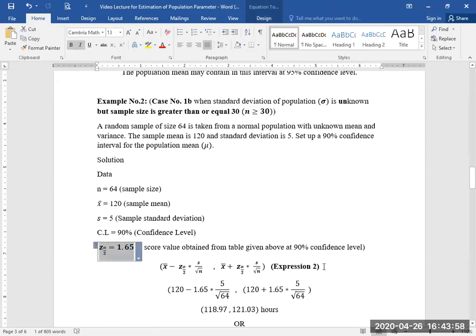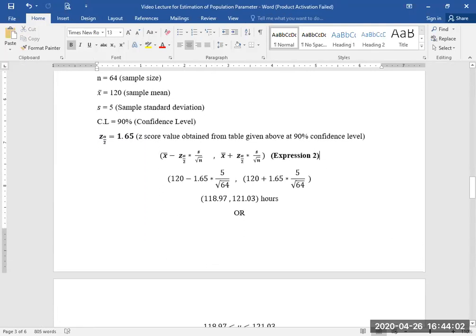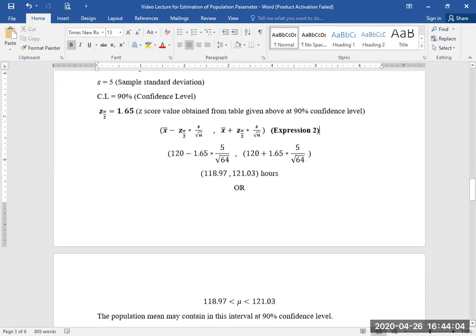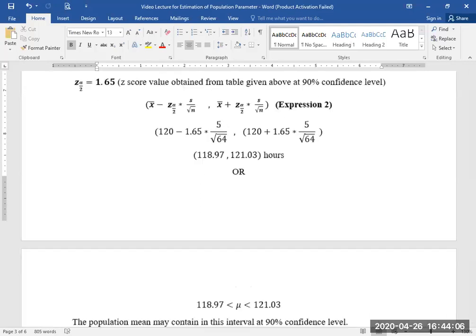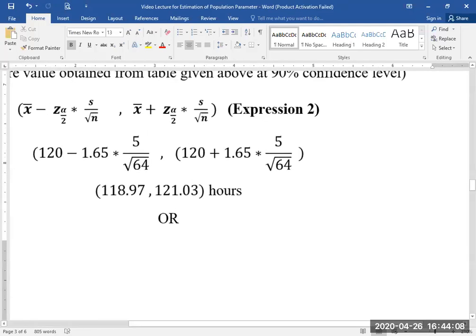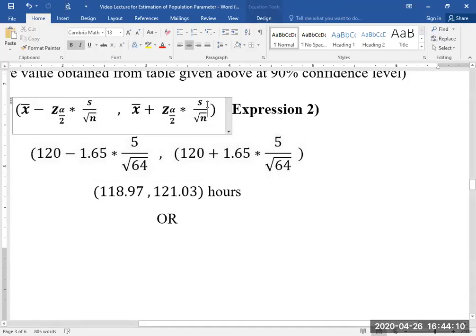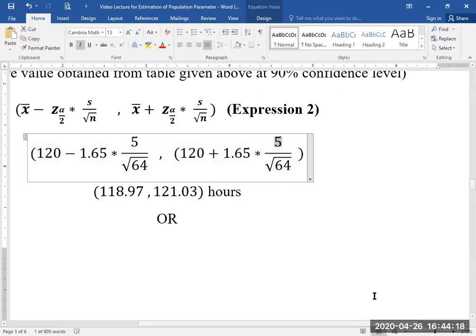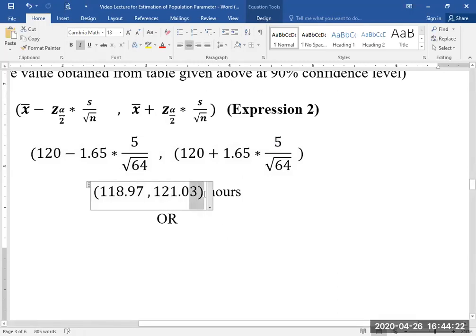The same calculation, students, we have to do, but instead of sigma we use S. All the steps are the same as we did in the previous example. See students, just S is different in this example, which is 5, and after calculation I have obtained this interval.